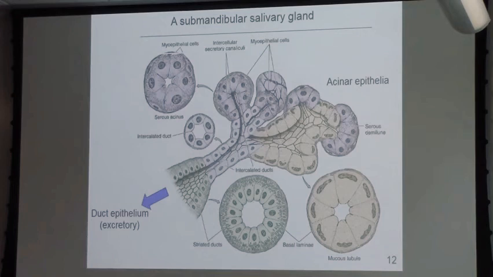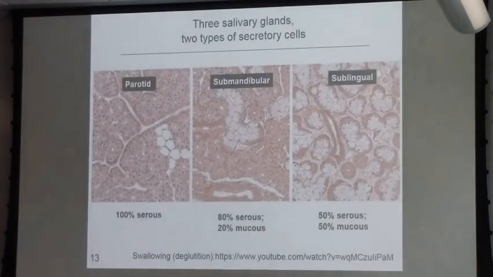And we've got little holes underneath our jaw, underneath our tongue, back in the back of our mouth, where the saliva comes out. This is just for interest. This will not be on any test.